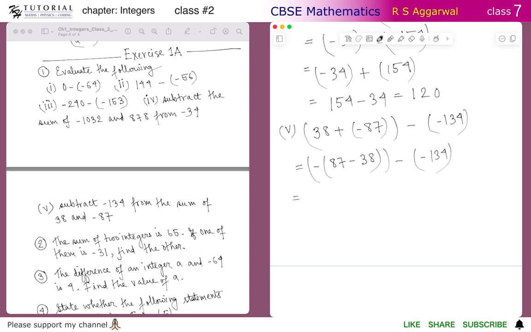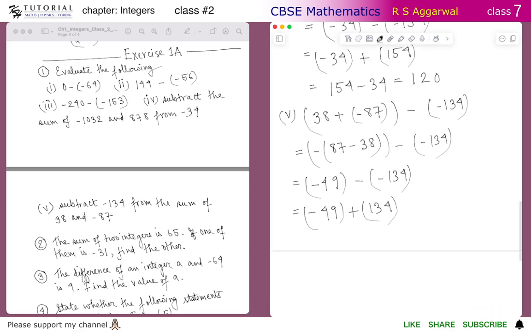Okay, so this becomes minus 49. So now we do the subtraction, and while doing the subtraction, what we do is we add to minus 49 the additive inverse of minus 134, which is 134.